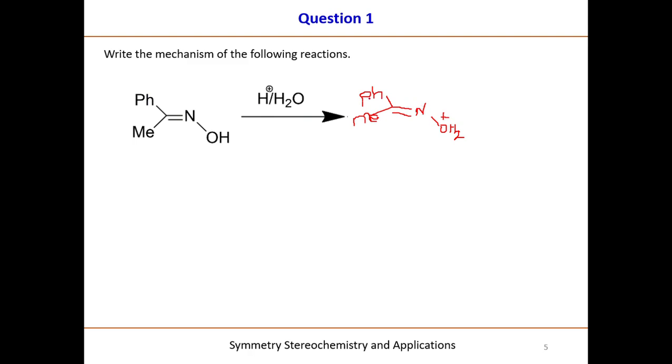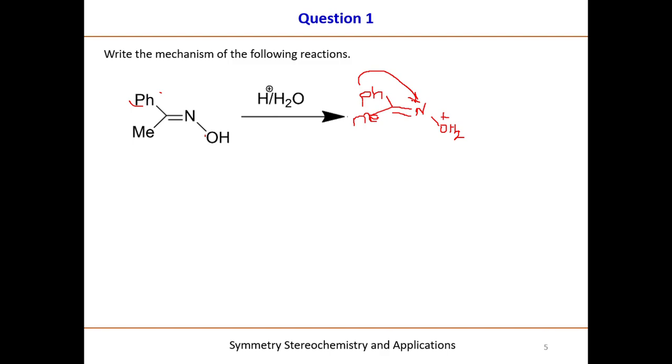Now the alkyl group which is trans to the OH group, here you can see this phenyl group and here the OH group, the phenyl group is trans to the OH group. So the phenyl group will migrate here. The alkyl group which is trans to the hydroxy group will always migrate in this rearrangement reaction.